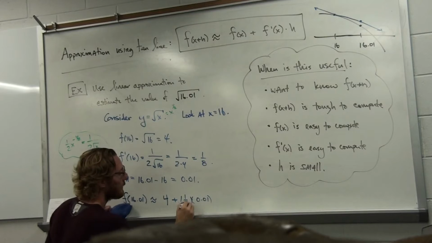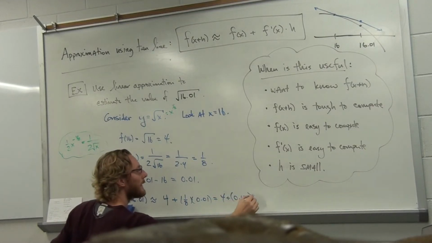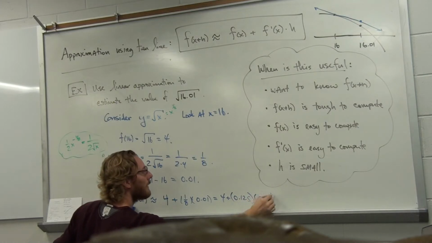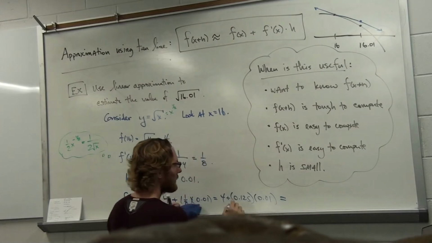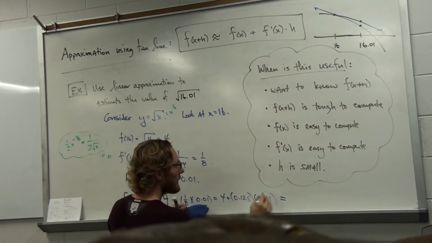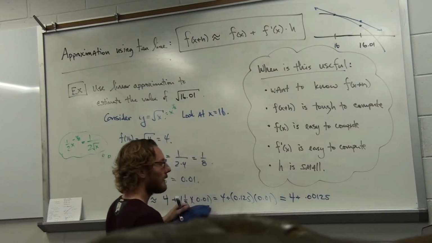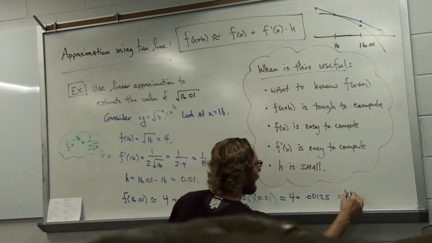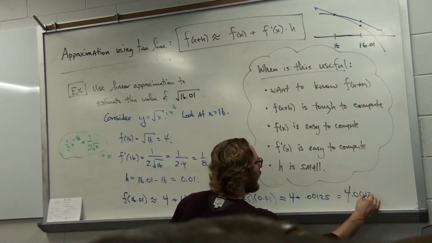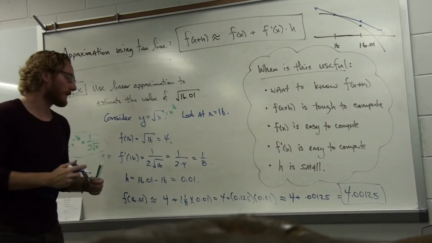I'll write it out over here: 4 plus 0.125 times 0.01, and whenever you multiply by 0.01, you hop the decimal place two to the left, so this is going to be 4.00125. Cool.